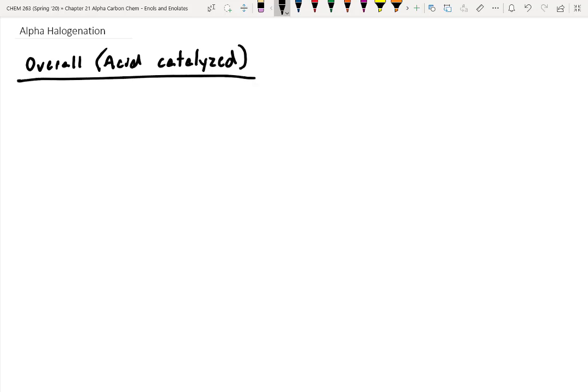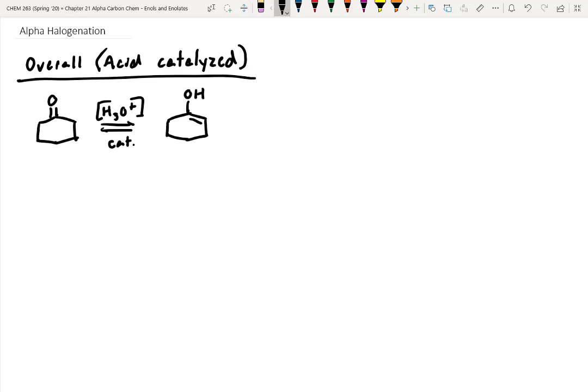It's pretty straightforward. Let's say we've got this starting material here, cyclohexanone, and we treat it with our catalytic acid. So I'll just write H3O+ and cat underneath. It's important to remember that if we have catalytic acid around, we're going to be in equilibrium with a portion of your enol.